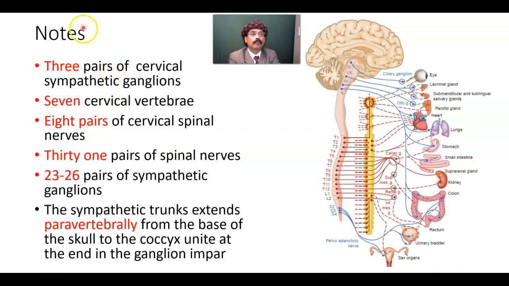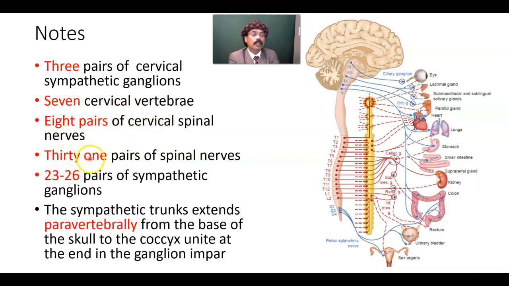So you have to remember a few things. We have three pairs of cervical sympathetic ganglia: superior, middle, and inferior. We have 7 cervical vertebrae, but we have 8 pairs of cervical spinal nerves.